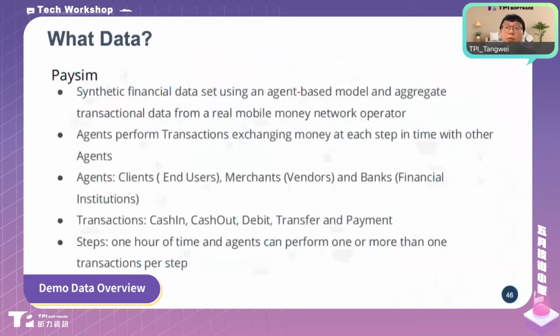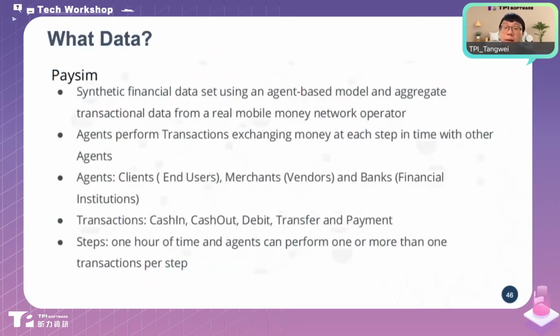So in this demo, I will use the PaySim dataset, which is provided by Neo4j. To understand PaySim, we need to understand a little about what it was built to model, specifically a mobile money network. Mobile money takes different forms, but in the case of PaySim, it involves both banks and participating merchants.